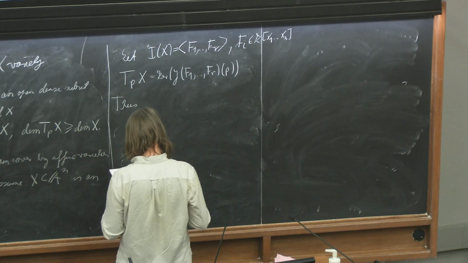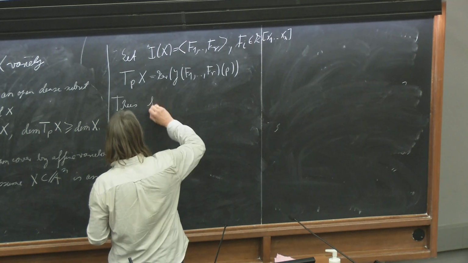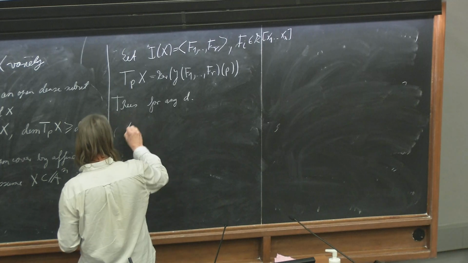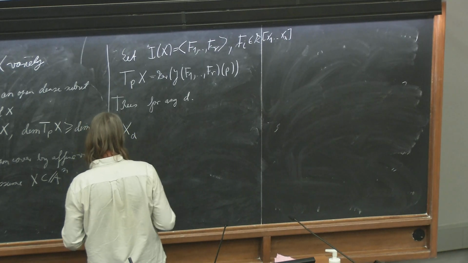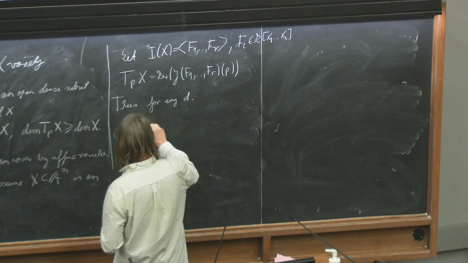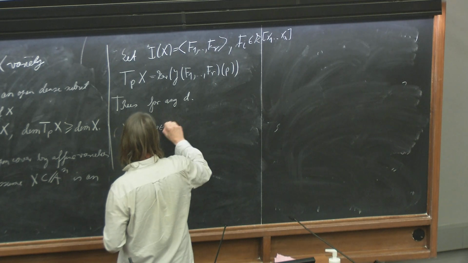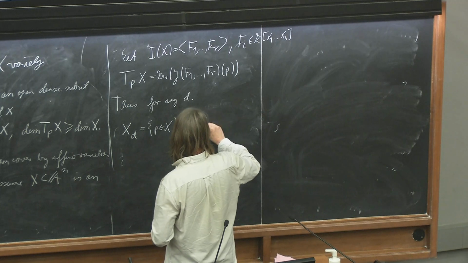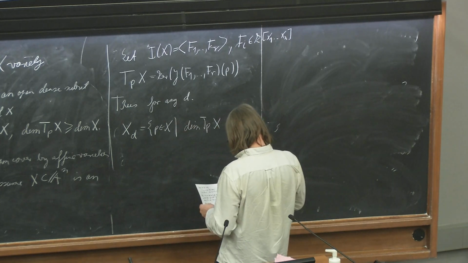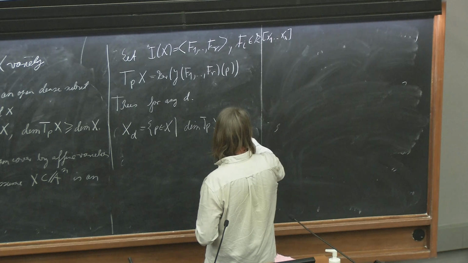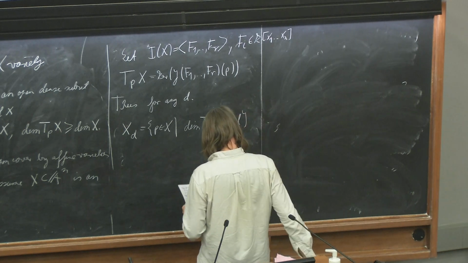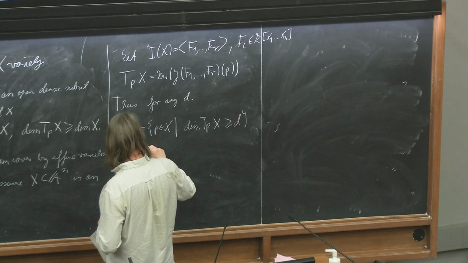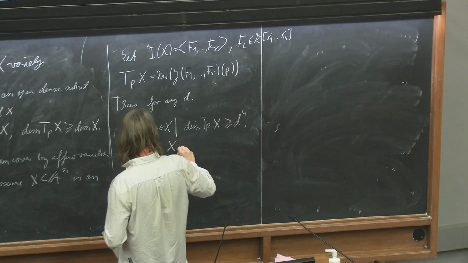So thus, for any d, if I look at the set X_d, which is a subset of X, the set of all points p in X such that the dimension of the tangent space of X at p is bigger or equal to d, this is a closed subset in X. Why?